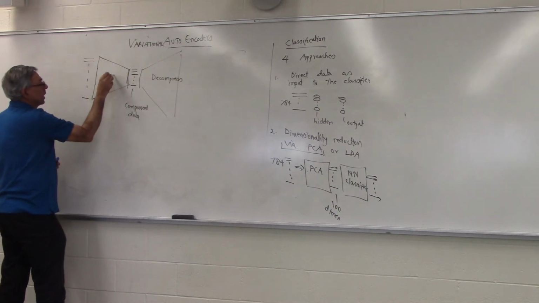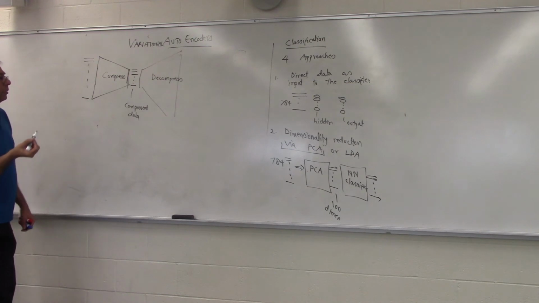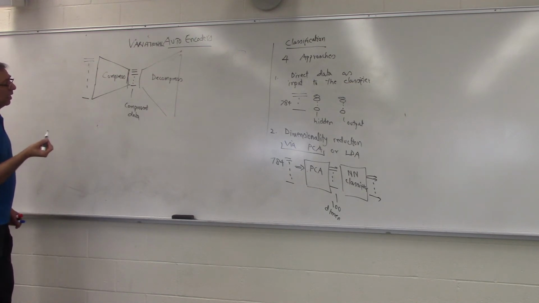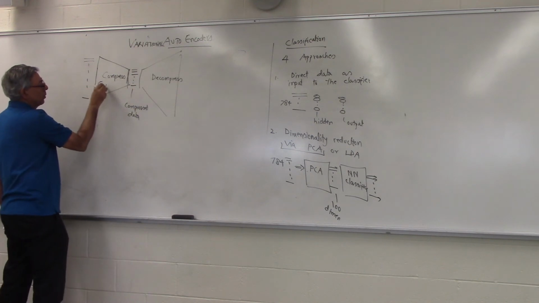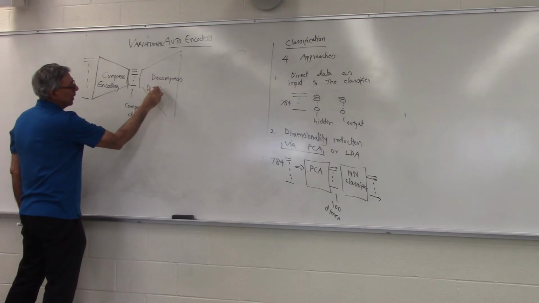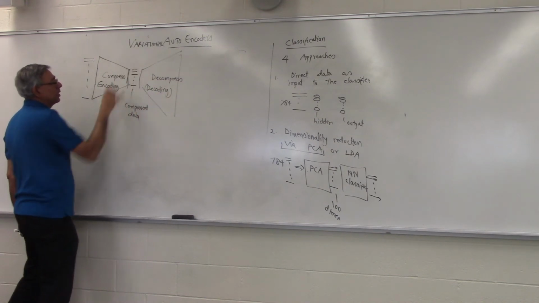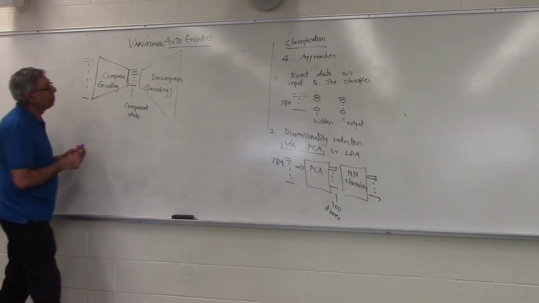This is doing the compression, this is doing the decompression. People don't usually use the terms compression or decompression, though I tend to use them. People use the terms encoding and decoding. But in my opinion, it's really doing a very smart compression so that we can recover the data from it, right?